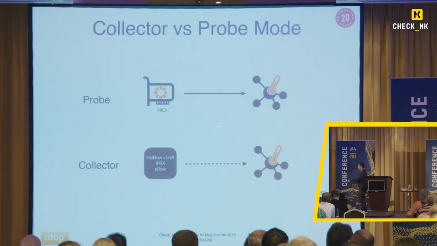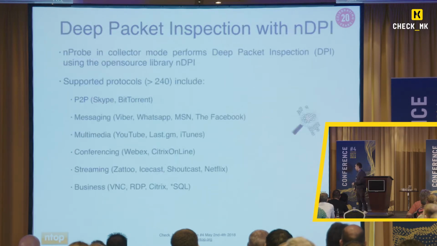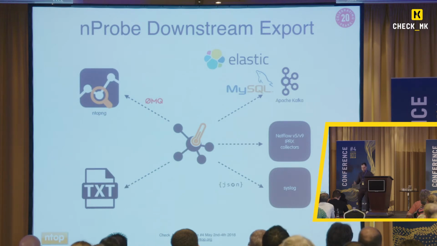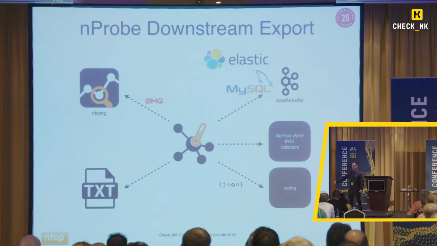So regardless of the input mode of nprobe, that can be either a collector or a probe, from that point on, nprobe only has flows in its hands. It doesn't matter if those flows have come from traffic packets or if they have come from NetFlow.